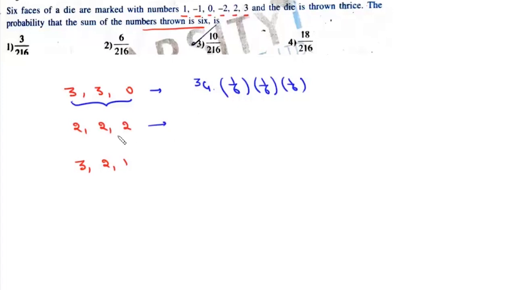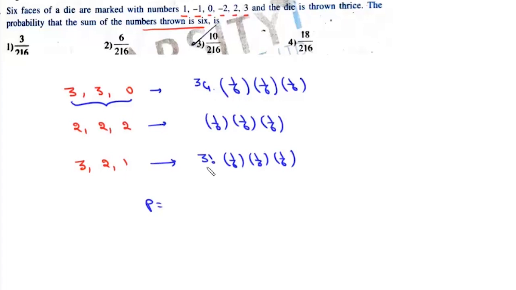Now here it will be all 2's, which is 1/6 into 1/6 into 1/6, and here it will be 3, 2, 1, which is possible in 3! ways, and again it will be 1/6 into 1/6 into 1/6. So this required probability will be (3 plus 1 is 4, 4 plus 3! is) 10 by 216, and that's your option 3.